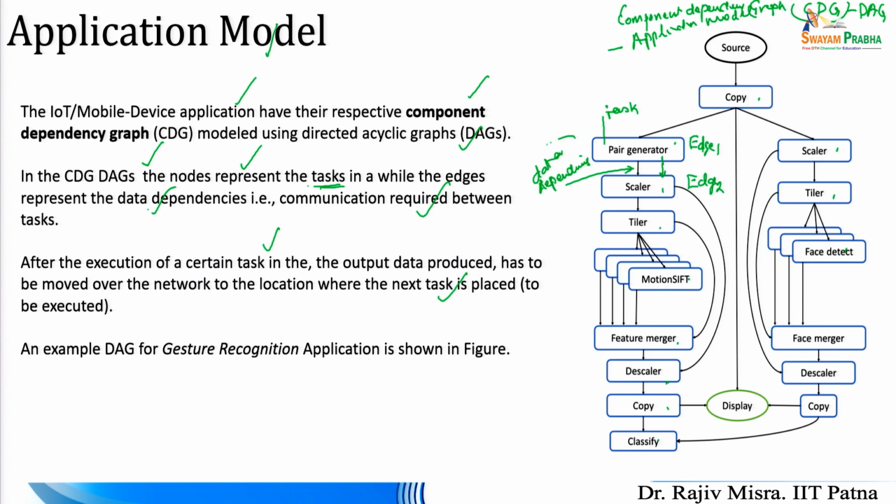So, this is the data dependency which is captured in the component dependency graph. This example DAG is for the gesture recognition application shown in this particular graph.